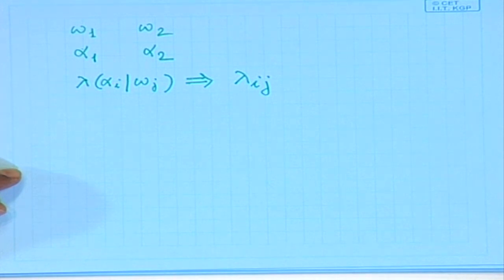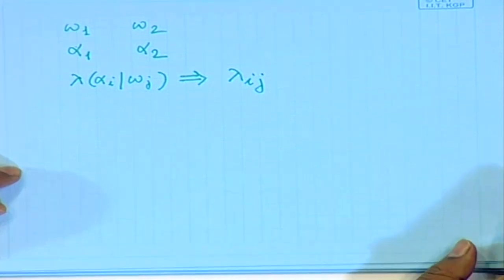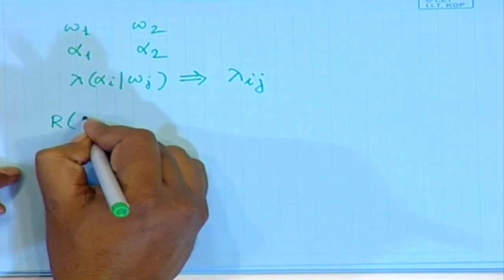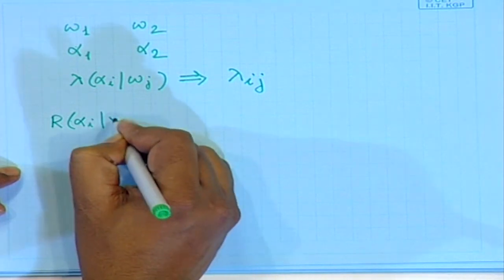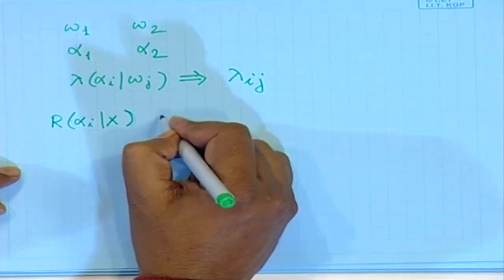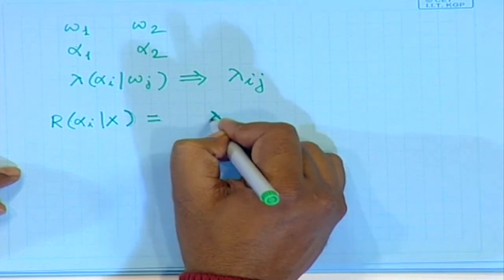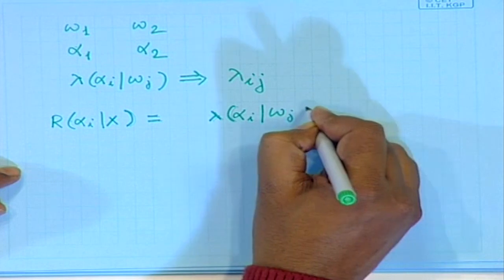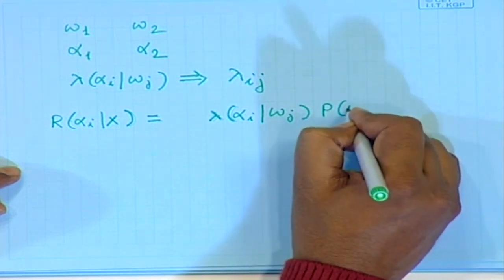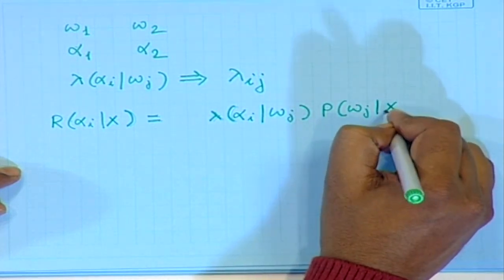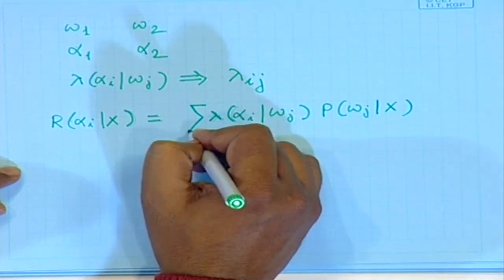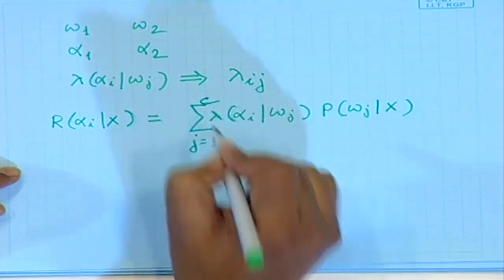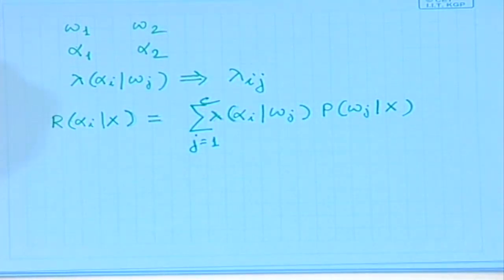Okay. So, for this 2 class problem, I can have risk function r of alpha i given x, as we said, is nothing but the summation of lambda alpha i given omega j into probability omega j given x, for j equal to 1 to c, for all possible states of nature.